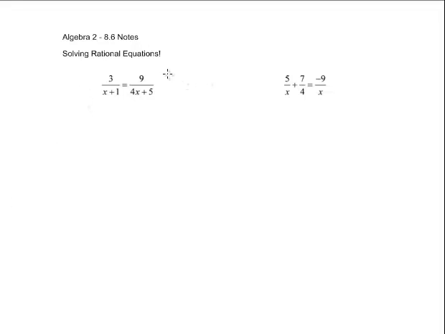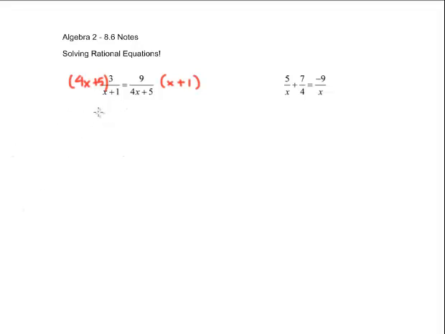The common denominator on this first guy, if you look, the right-hand side needs an x plus 1. The left-hand side needs a 4x plus 5. And when you multiply by these things, you could even call it cross multiplication if you want, if there's an equal sign in there.